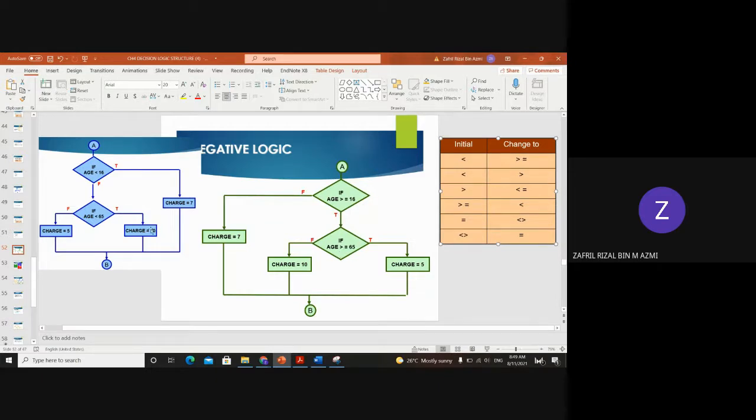So this one, originally, it is less than 65. When you want to convert it, less than now becomes more than. It's supposed to be more than, right?